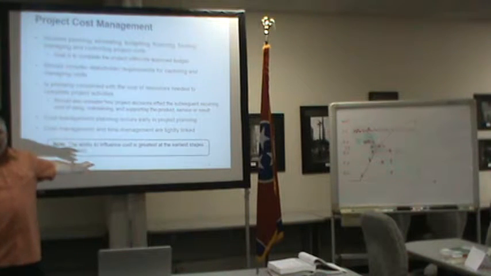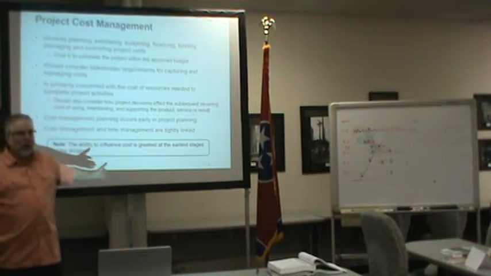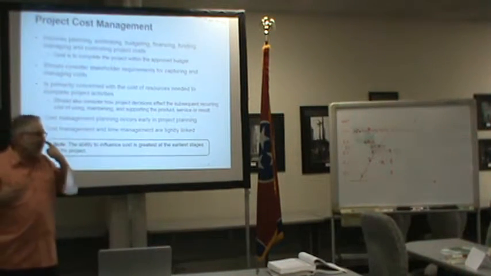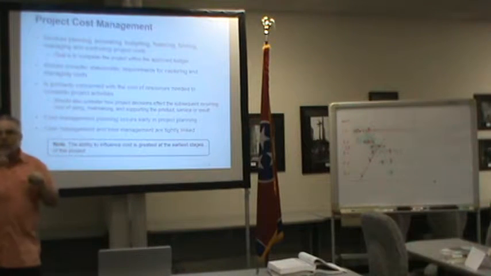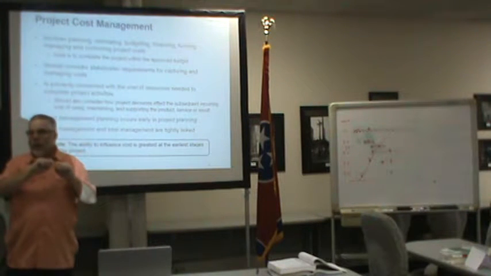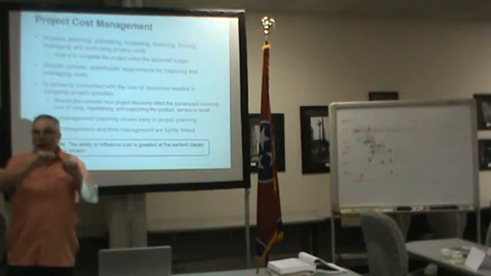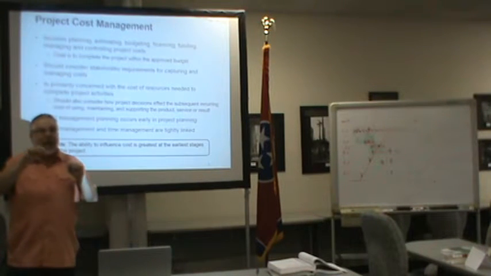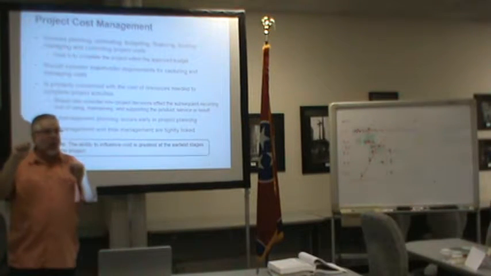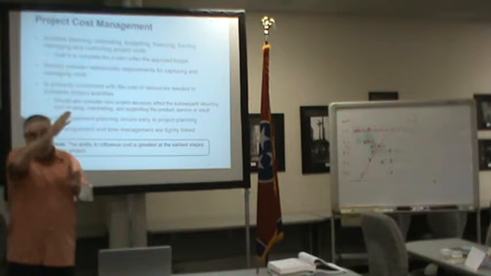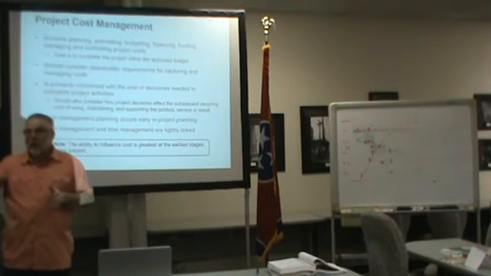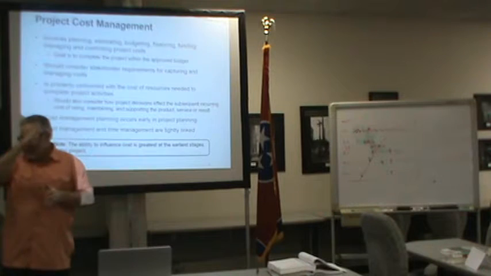Ability to impact schedule is greatest earlier in the project. That makes sense, right? We've even seen that graphic in one of the earlier chapters of the PMBOK where it talks about our ability to make changes and influence cost and risk is highest early on, and then it decreases as the project continues.